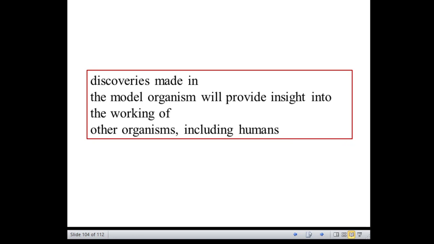Now, although the mouse is more difficult to study in some ways, developmental mutations have been identified in the mouse, so it is amenable to genetic modifications by various transgenic techniques.